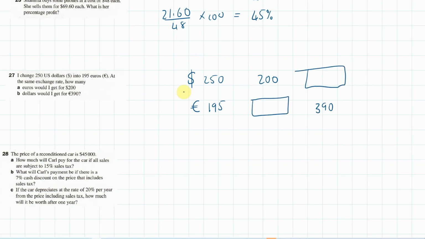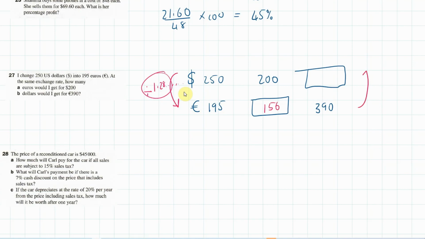Okay, so the first step in these is to go, all right, how do I get from here to here? So you can go 250 divided by 195, and that means that I'm dividing by 1.28 and so on. Don't round it, because you're going to need the full thing to get this right. So to get from 200, I'm going to go 200 divided by that answer, and it'll give me $156.